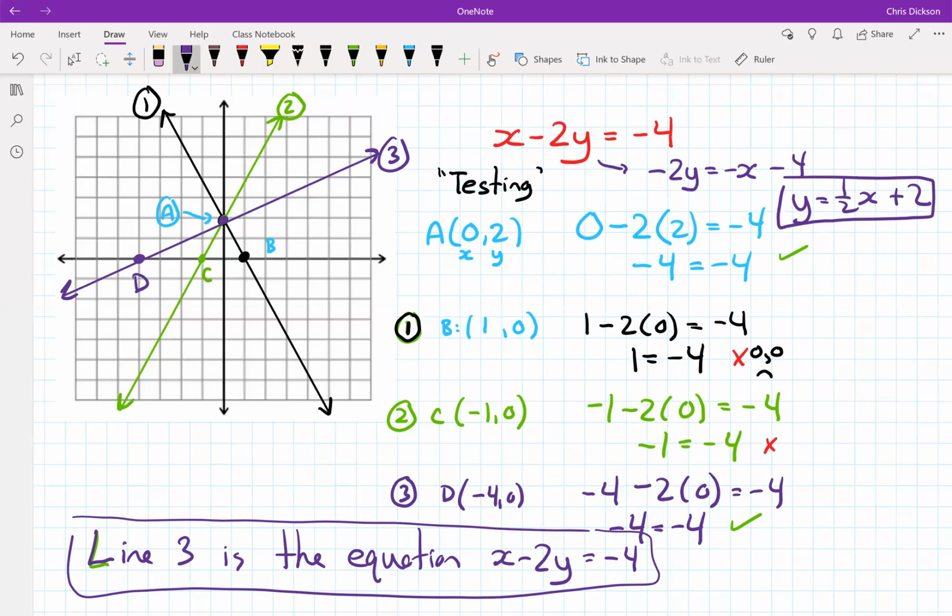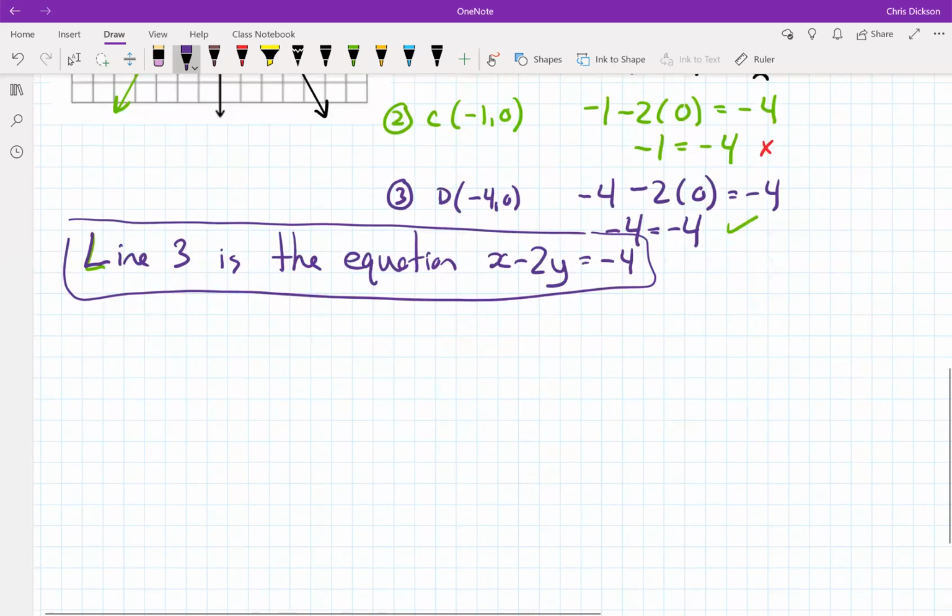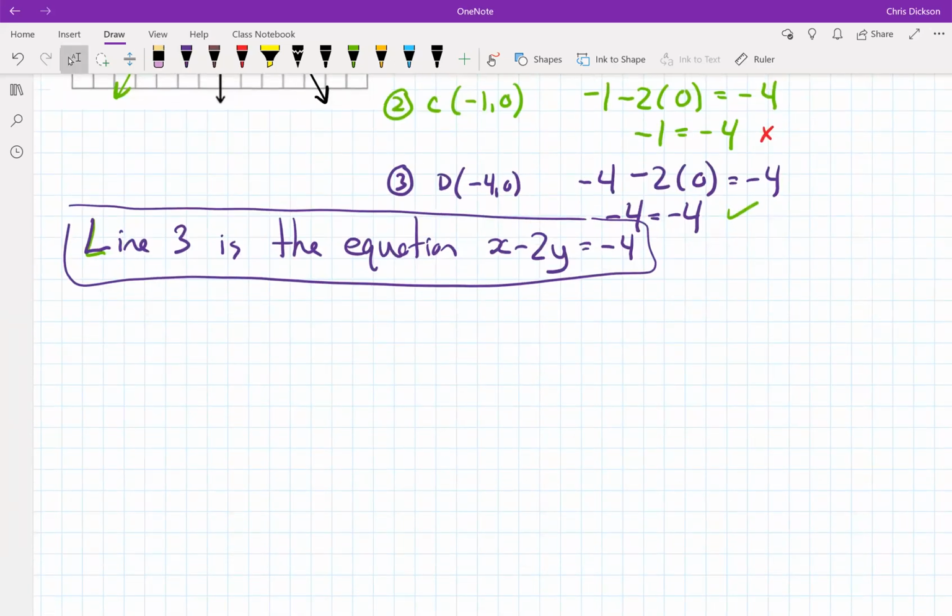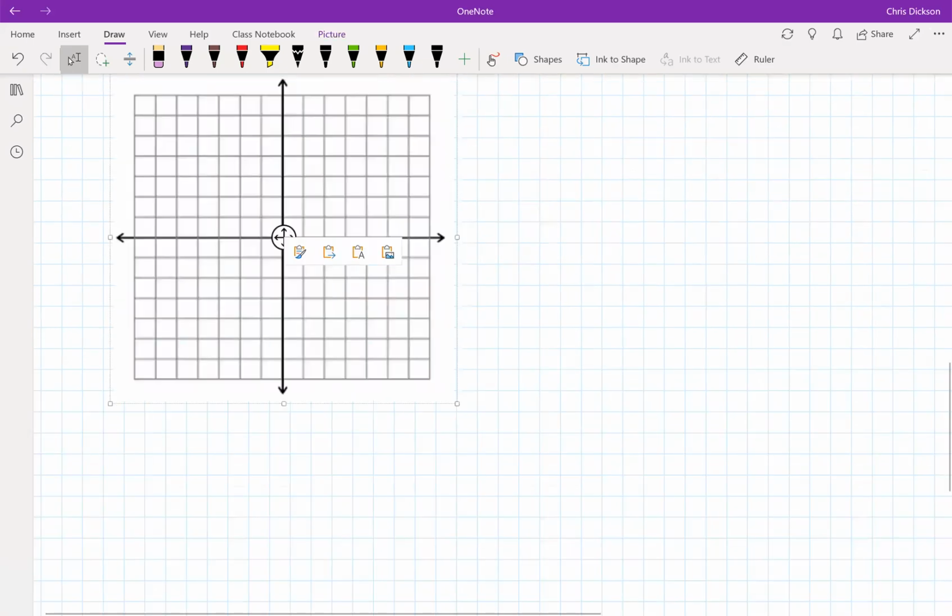Okay, so moving on to our last little example, let's say you are given a line. I'm going to draw a line, and we actually did this in an earlier video, but I thought it would be worth reviewing because I can see how this can be a little trickier for students.